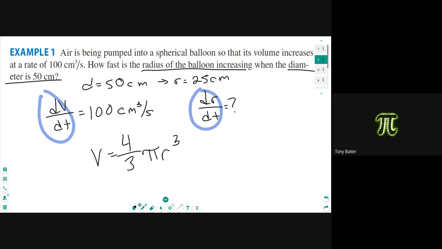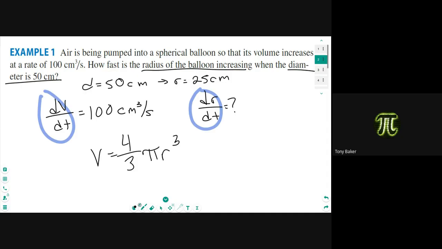Solve for r? I could solve for r. The problem is I don't know volume, so solving for r is not going to help me find something because I don't know the volume to plug in. But that's going to give me the volume.